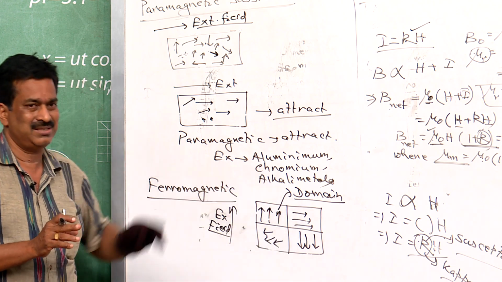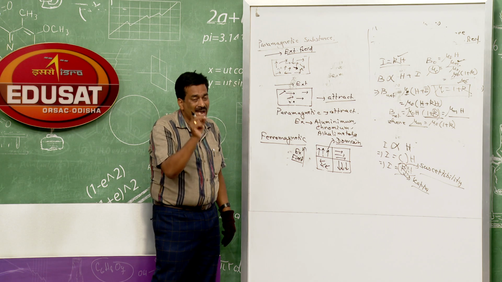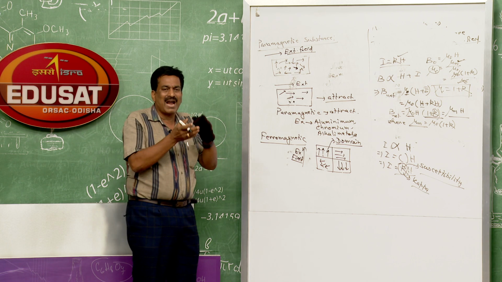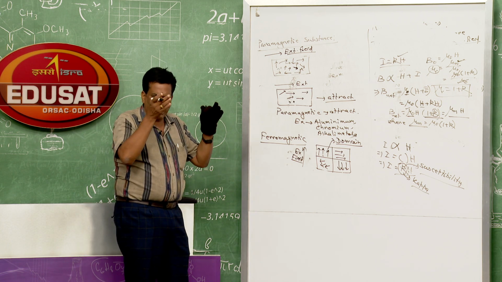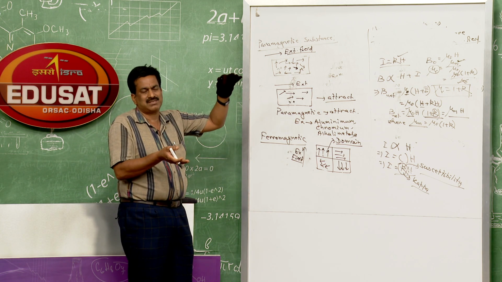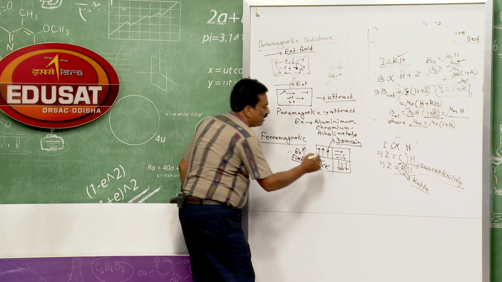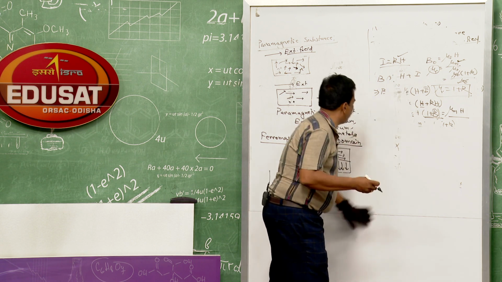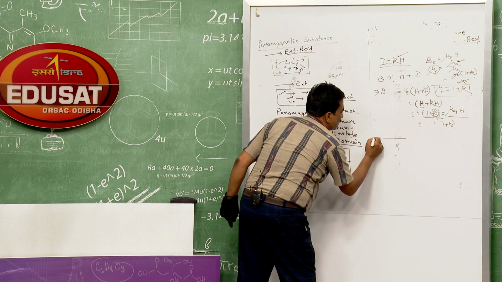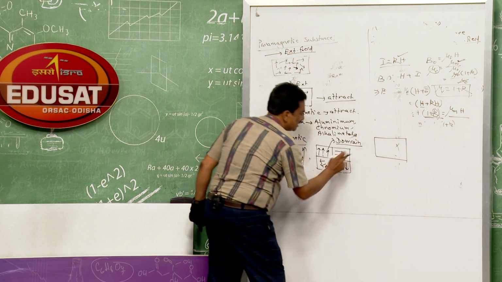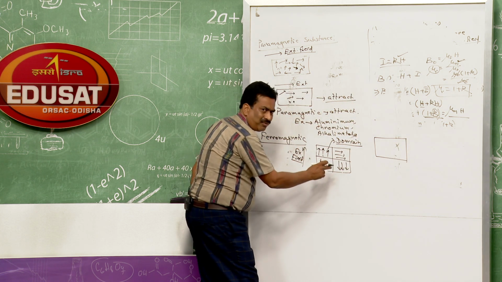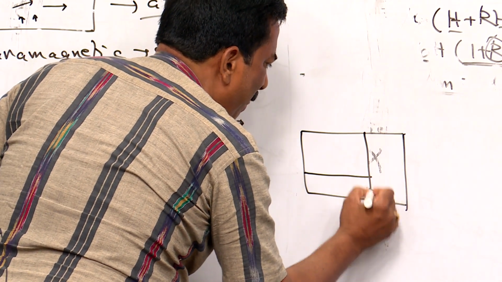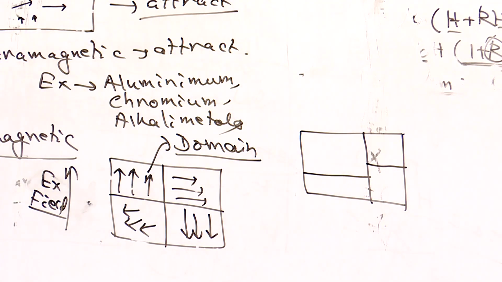Those domains in which the dipole moments are in that direction, the size of those dipole moments will be enhanced, means domain growth will be obtained. This was the sample, it was of 4 parts, here domain growth will be obtained.